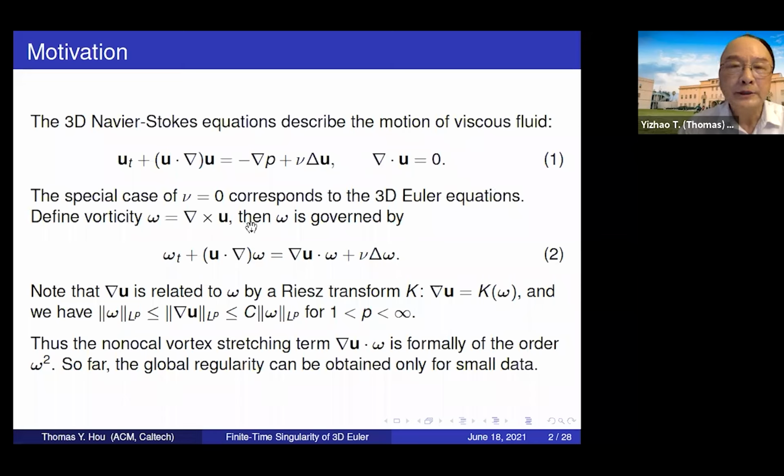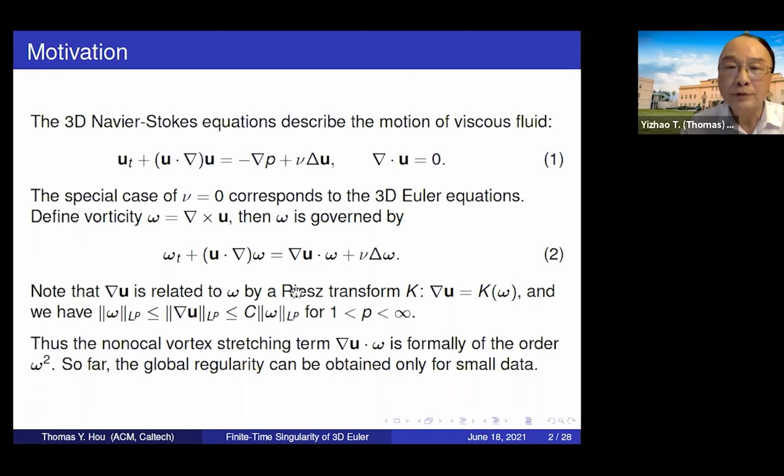Okay, so the 3D Euler and Navier-Stokes equations are so challenging because you define the vorticity as the curl of the velocity field, and then the vorticity satisfies this equation. So the vorticity is transported by the same velocity field, but also produces a vortex stretching term, which scales like a quadratic nonlinearity, because you can recover the velocity field from the vorticity through the so-called Biot-Savart law.